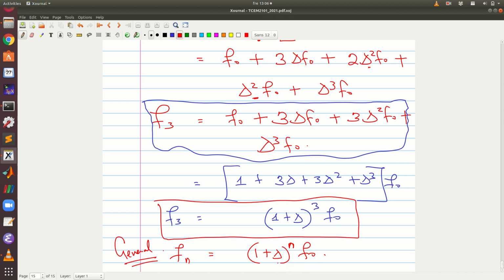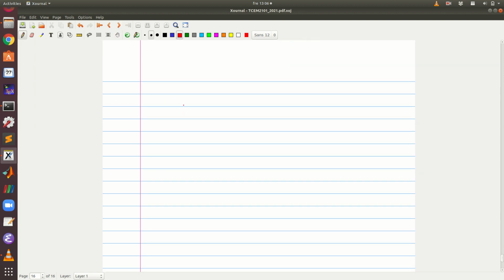So we can still see that even with this general result, someone can use the binomial expansion and write it another way. If you follow just the binomial expansion, then we can say that f of n equals F0 plus n combination 1 del F0 plus n combination 2 del squared F0 plus and so on plus del to the power n F0.